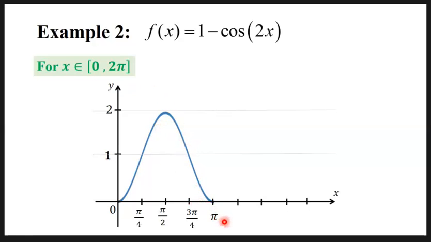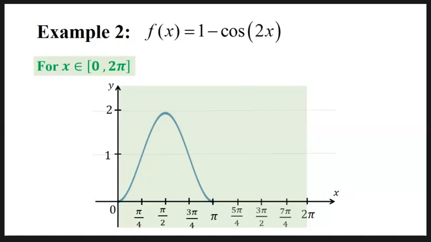The largest x value I have for the one cycle is pi, so I need to extend further until 2 pi. When I extend from pi, I continue adding pi over 4, which is the common difference we found just now. So we extend plus pi over 4, plus pi over 4, and so on, until we reach 2 pi. In this case, just nicely, we reach 2 pi. This is the coverage that I should have for the graph.